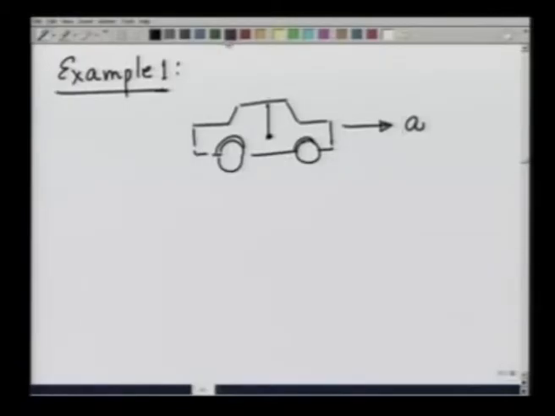You can almost feel that the pendulum is going to be like this if the car is accelerating. But why should it be? With this angle here, theta. We will solve this problem both in the non-inertial and the inertial frame.